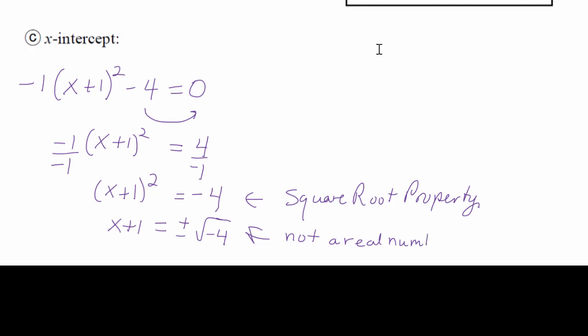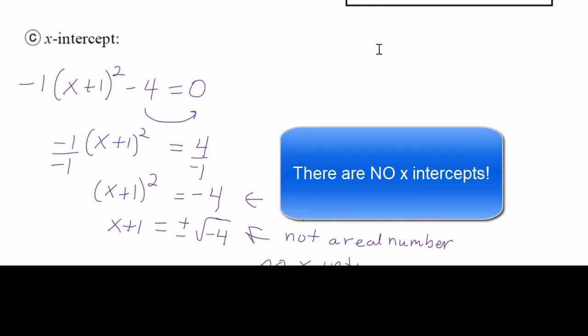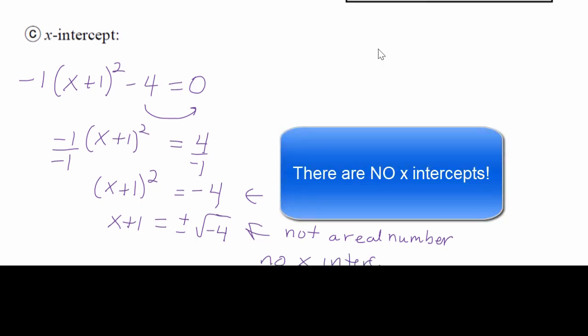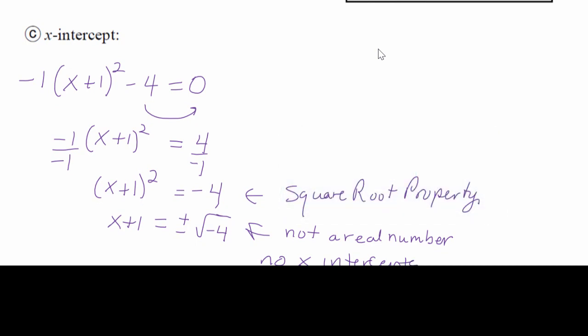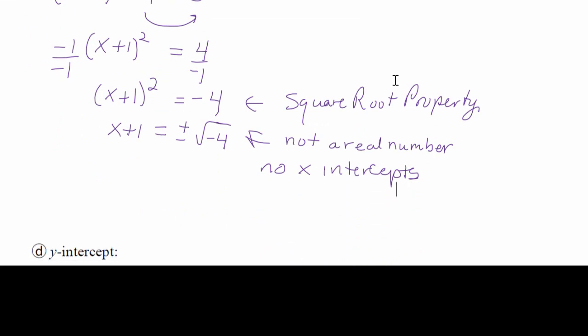So what does that mean? Well, that means that this parabola does not cross the x-axis. There are no x-intercepts. Again, we got that negative under the radical. No real solutions to this equation, which means there are no x-intercepts in this parabola. So when we go to graph that, we're going to see what that looks like.